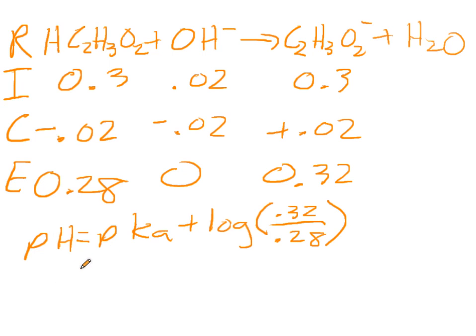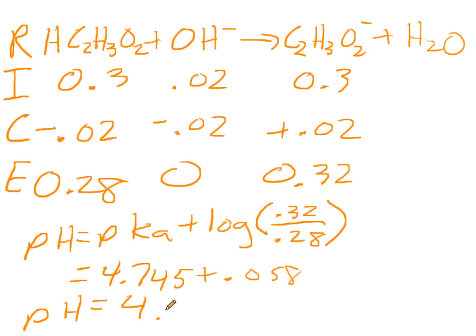So when you simplify that, the negative log of the Ka value is 4.74, plus the log is 0.058. So my new pH is 4.8.